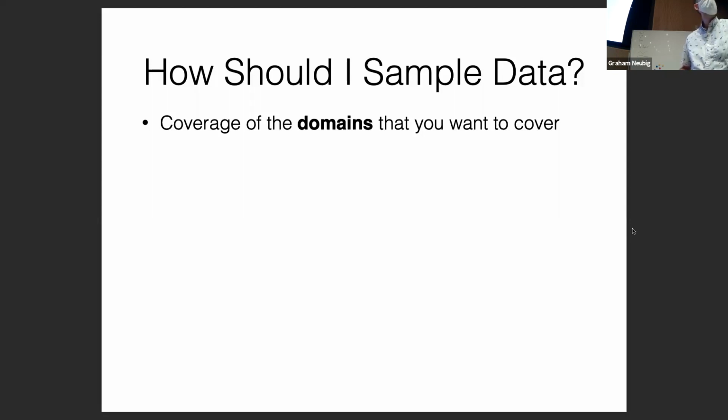So if you're building a translation system for Amazon, and one of the major things is translating reviews, you want to make sure that you have lots of reviews. However, if you want to deploy something on AWS, who knows what AWS users are going to use translation services for? So then you need much broader domains.